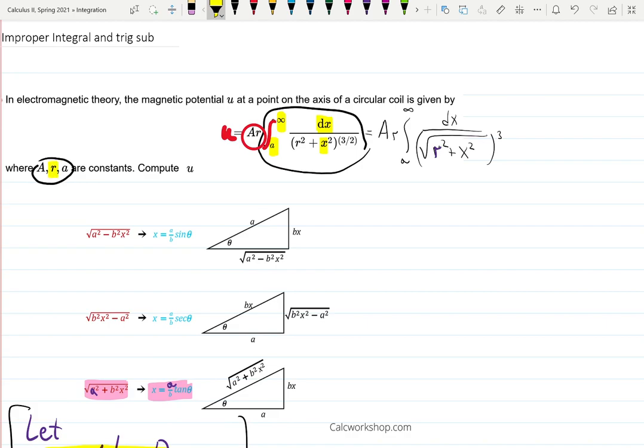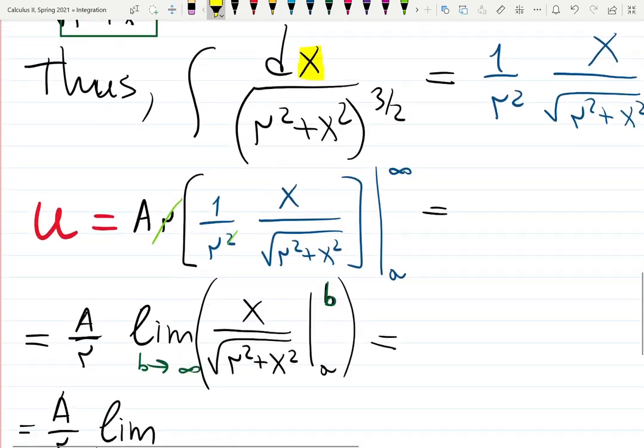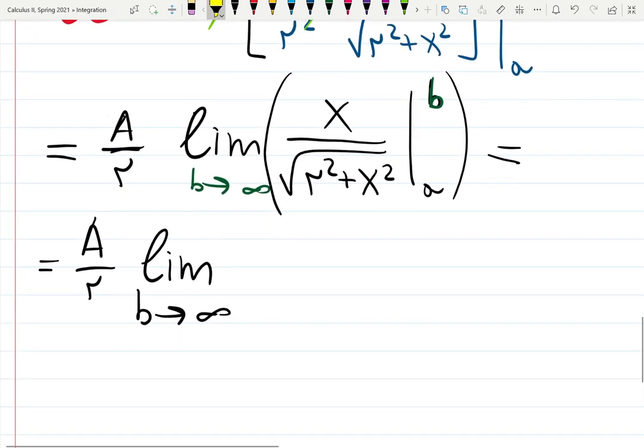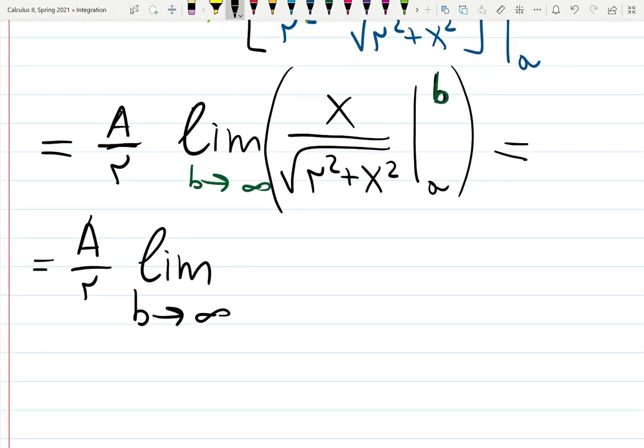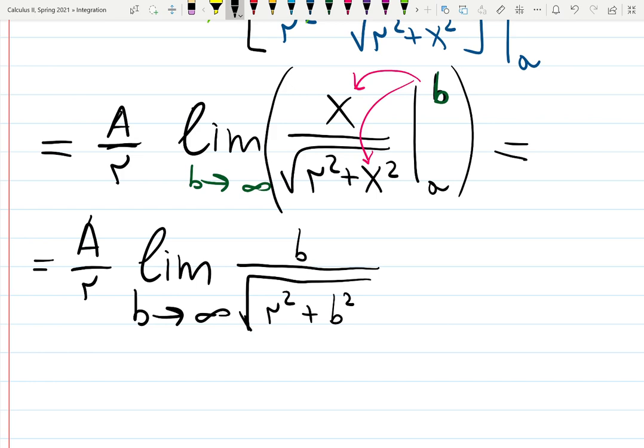Well, also I was told that r is a constant, but in the future you will have many variables in multivariable calculus, so you need to pay attention to that. So I'm plugging into x. Then it's going to be b over the square root of r squared plus b squared, minus a over the square root of r squared plus a squared.